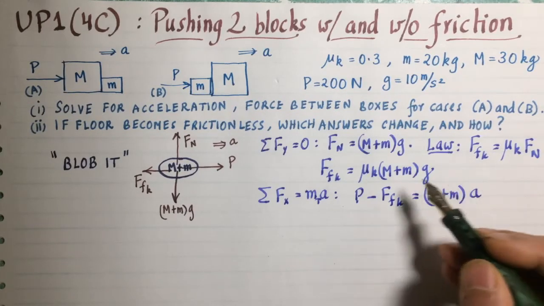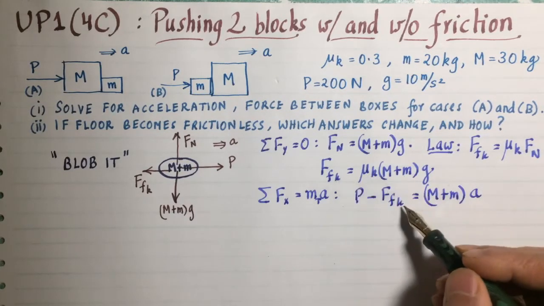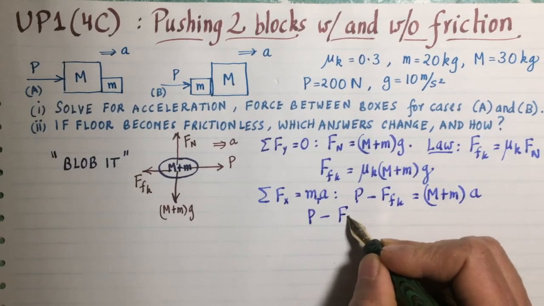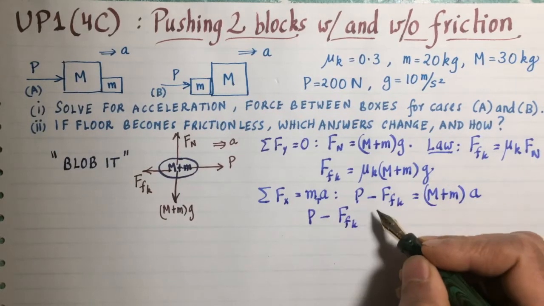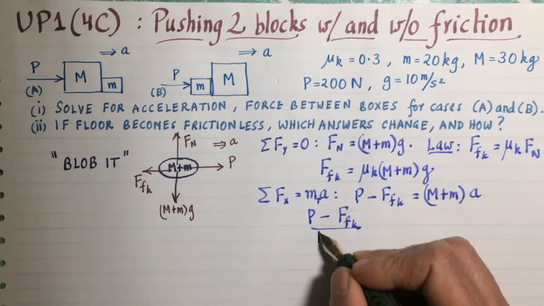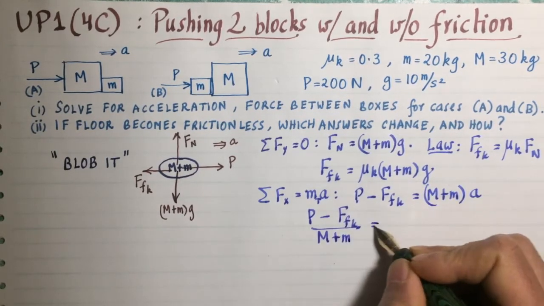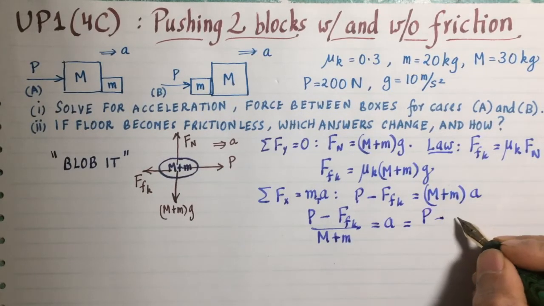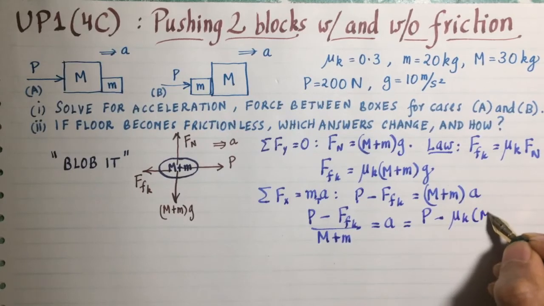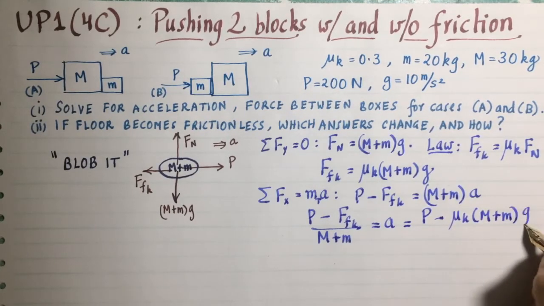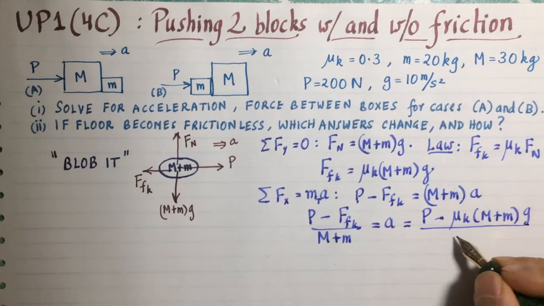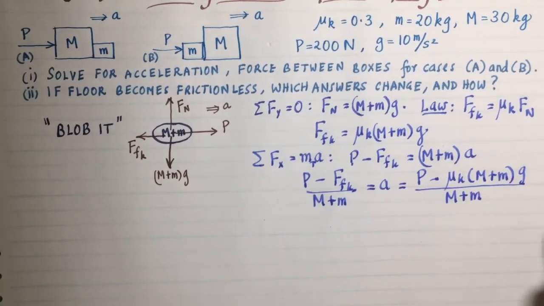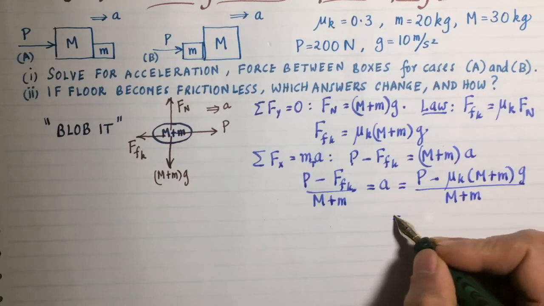Now what I'll do is I'll take F sub Fk from here and put it here. So I get P minus F sub Fk, I just did that, divided by M plus m equals a. Let me just write another equation, mu sub k times M plus m times g over M plus m. And now I'll substitute all the values, all the numbers that I've given here.